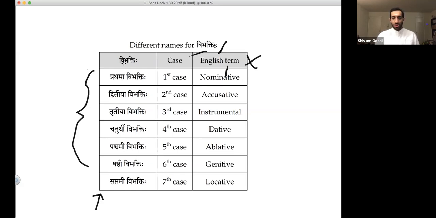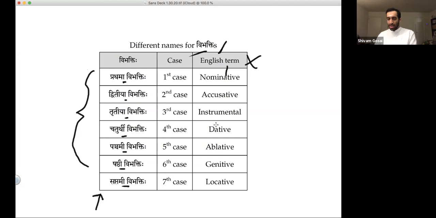Okay, so you'll notice that they're all ending with a long vowel. So prathama, dvitiya, tritiya, then chaturthi, panchami, shashti, saptami. Make sure that the long vowel is there.